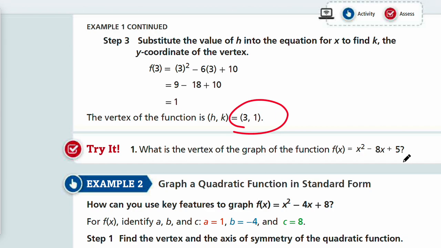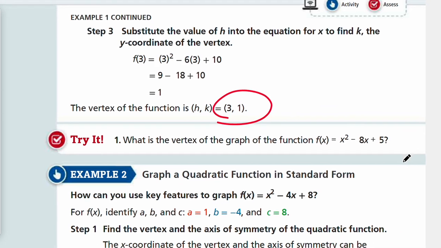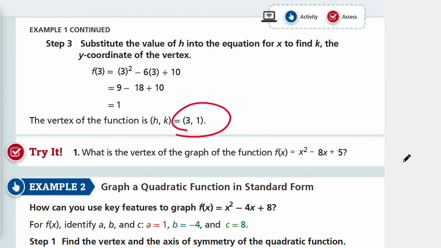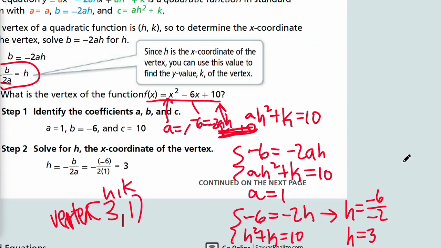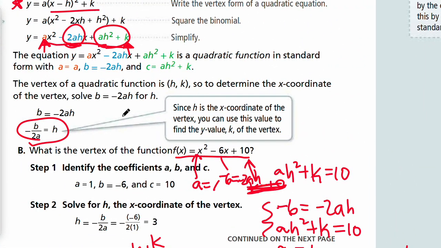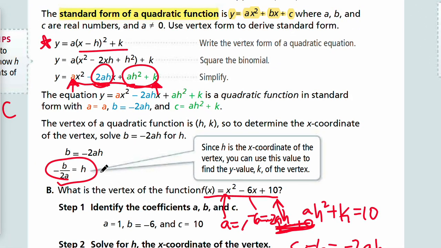Okay, are you ready? So follow the same steps. Notice that we have this equation h equals negative b over 2a. Again, if you don't remember why or how this equation is there, you can convert your vertex form into the standard form, and notice that the coefficient of the second term would be negative 2ah.